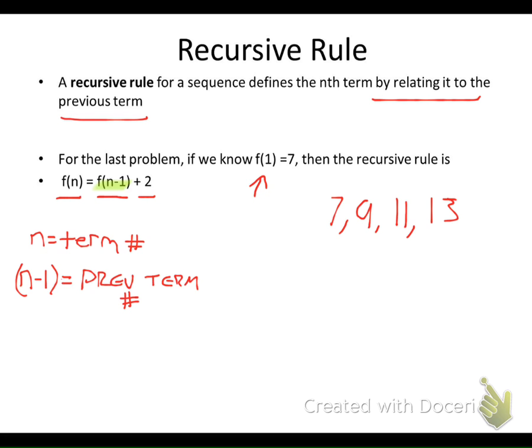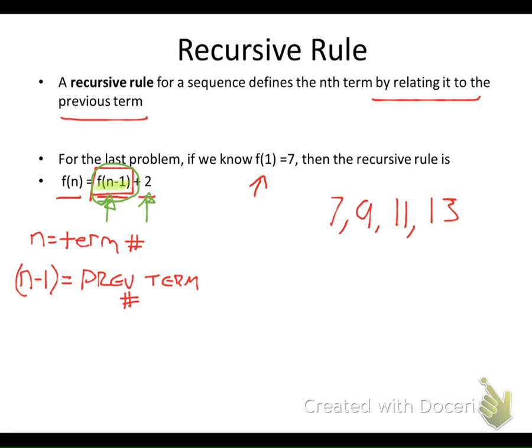So for example, by saying my function at n minus 1 plus 2, what I'm really saying is my previous term plus 2. That's just another way of describing it. So basically I take whatever the previous number was and add 2 to it to give me my next number.